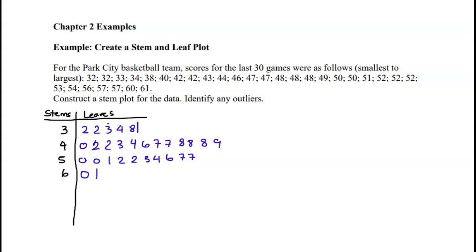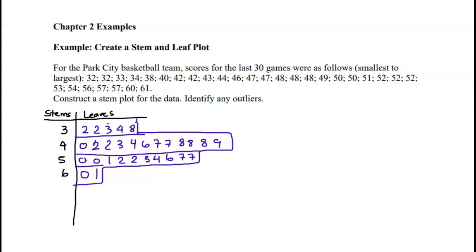So you can imagine making a bar graph or histogram of the data this way, sorted by 30s to 40s, 40s to 50s, 50s to 60s, and so on.